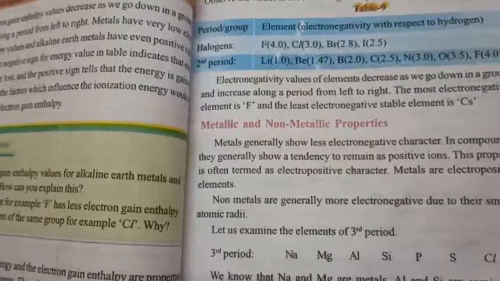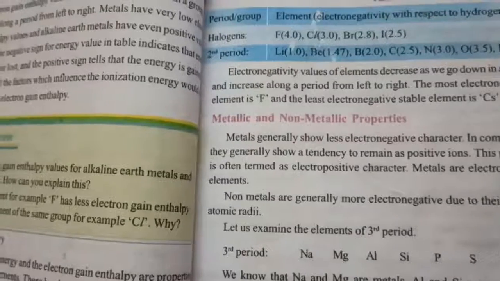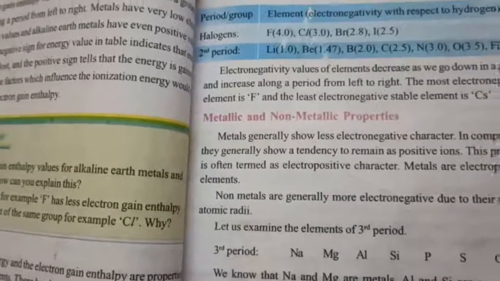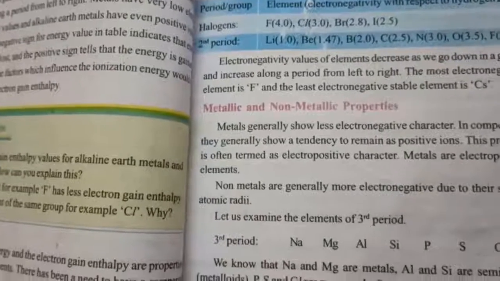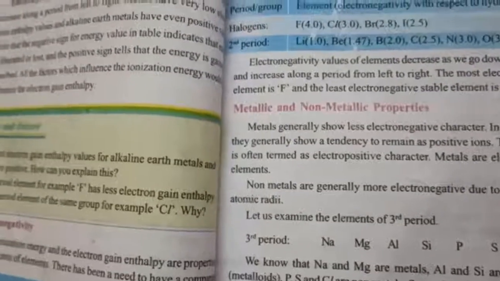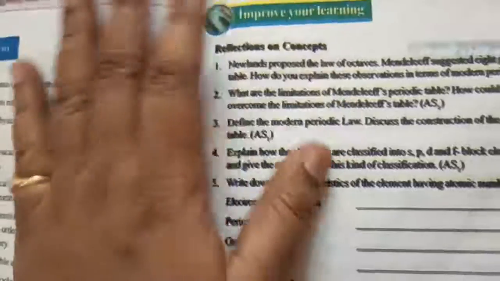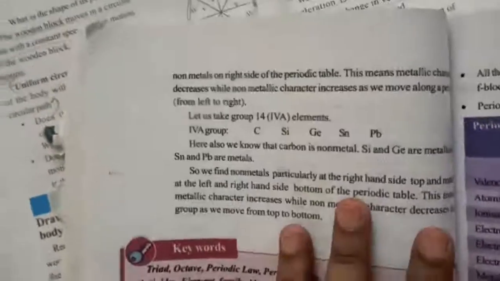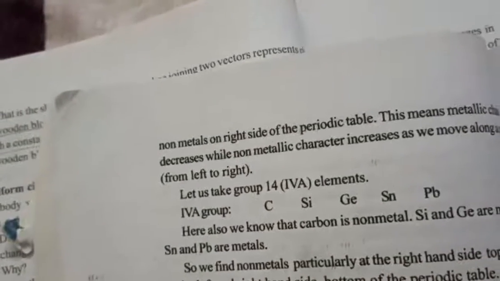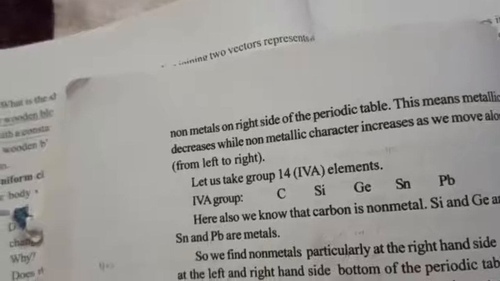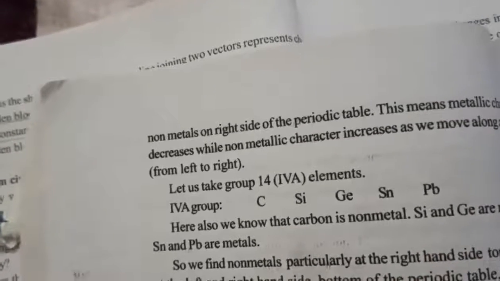Here see, sodium to magnesium are metals, aluminum and silicon are semi-metals or metalloids, and phosphorus, sulfur, chlorine are non-metals, which possess higher electronegativity. So that's why metals always show electropositivity. The losing of electrons is most possible for metals.